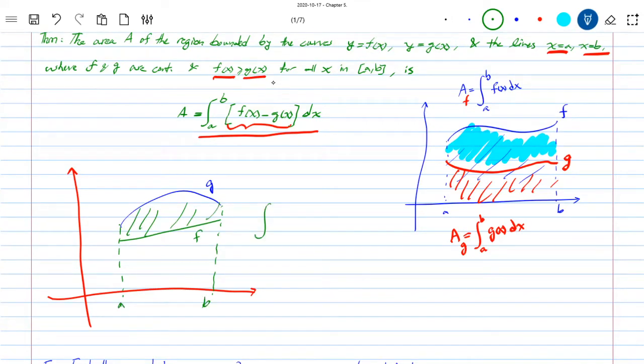What you need to calculate is the top function g minus the function below, because you have to figure out this area and the bigger area, and subtract those two from each other. So the top function is g, the lower function is f, and you integrate from a to b. This will give you the area between. So depending on which function is on top, you always subtract the bottom from the top.